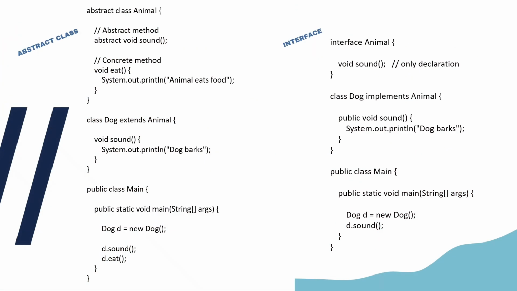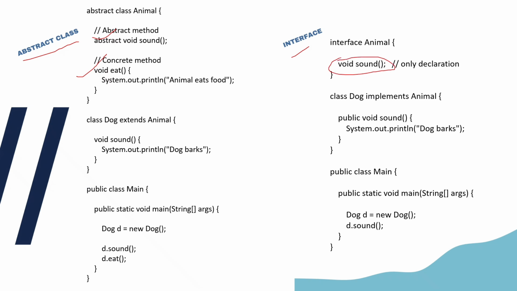Now in this slide, let us understand the basic difference between the abstract class and interface. That is why I have provided both examples here so that you can understand very clearly. In this abstract class program, we can have both a declared method and also a method with implementation. But in the interface, we should only declare the method.